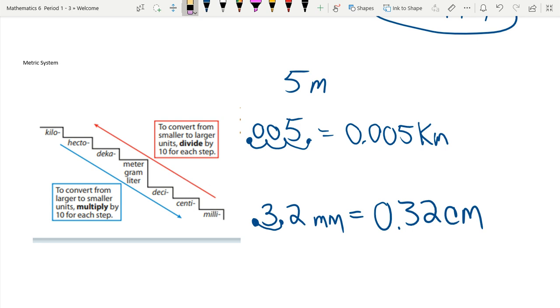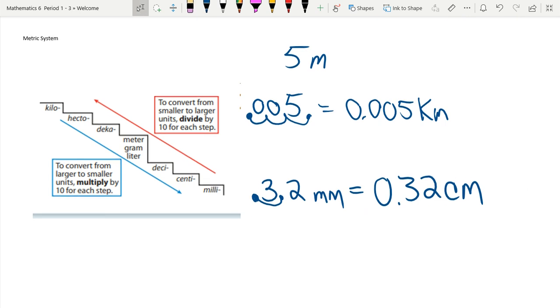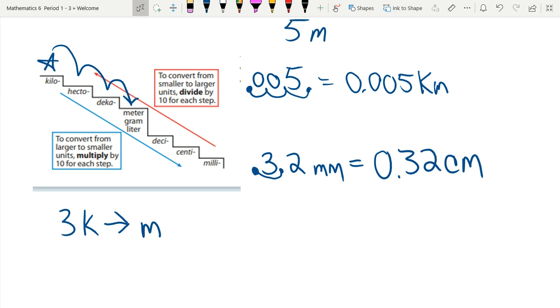Let's look at the other one. If we were going, let's say we have, oh, I don't know, 3 kilometers. We want to change that to meters. Okay, we're starting here, and we're going down 1, 2, 3 spots. We're going to end up at the meters. So my decimal is hiding right here.